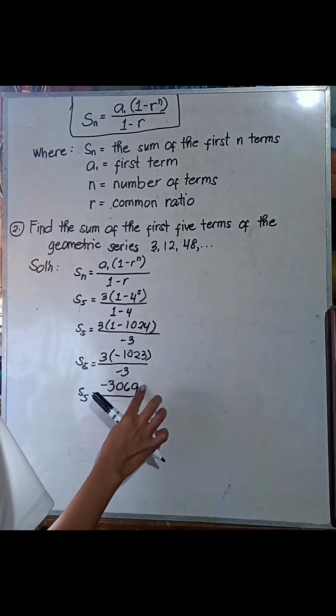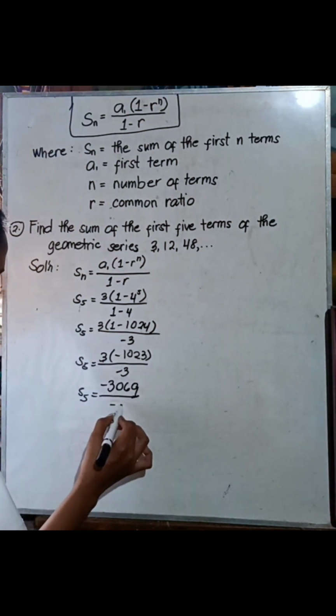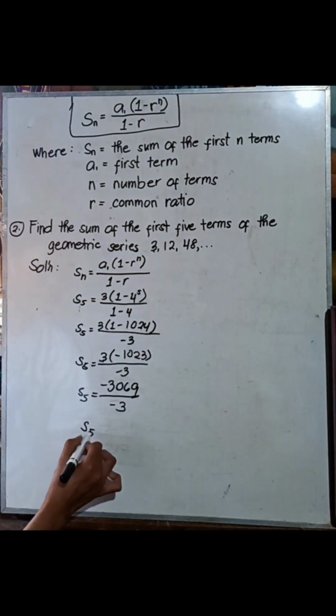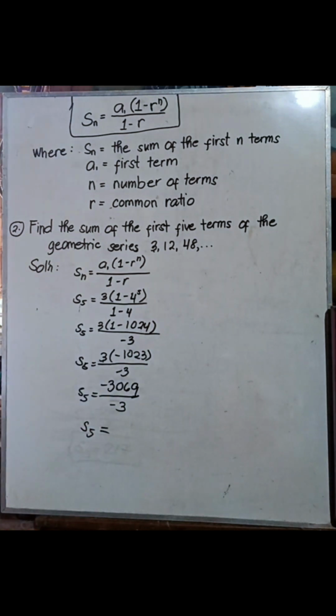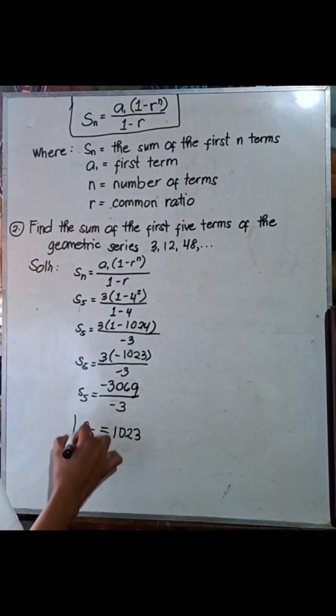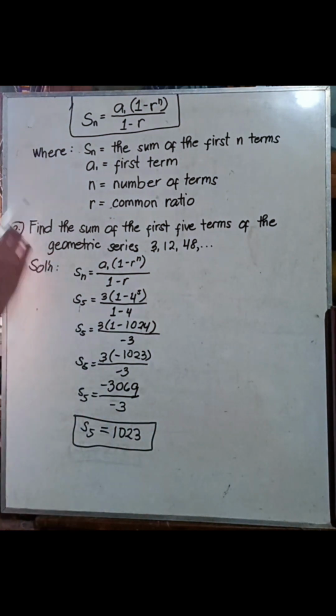Ay, wala na ni parenthesis. Negative 3069 over negative 3. So now let's divide this one to get our S sub 5. Negative 3069 divided by negative 3, mo come up ta og answer na 1,023. Positive na siya. So, this will be our answer. S of 5 is equals to 1,023.